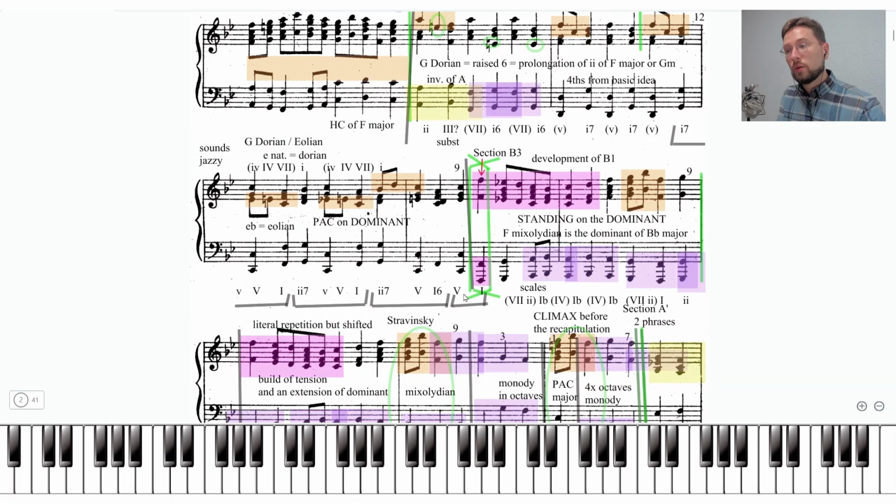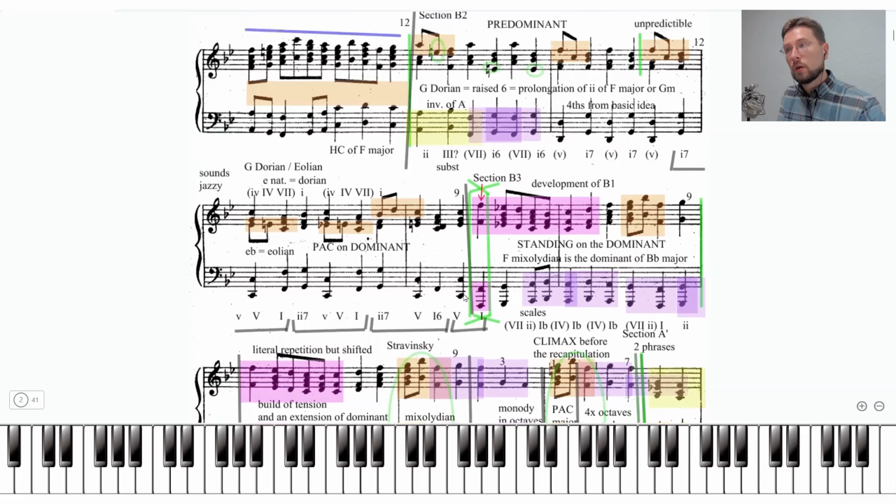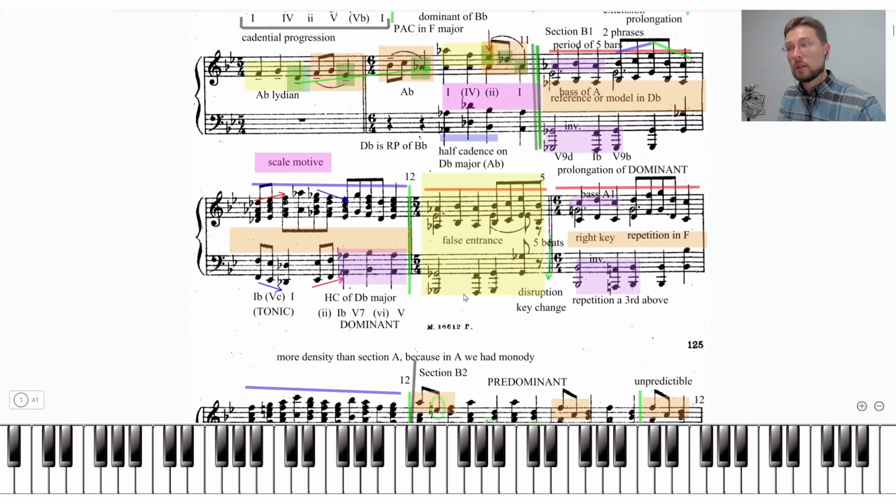Then there is also this interesting component of motivic movement, contrary motion, like that. And one of the most original techniques is this sequence where something starts in the old key, and then we cut through it, disrupting it, and start in a new key. So we had it here.